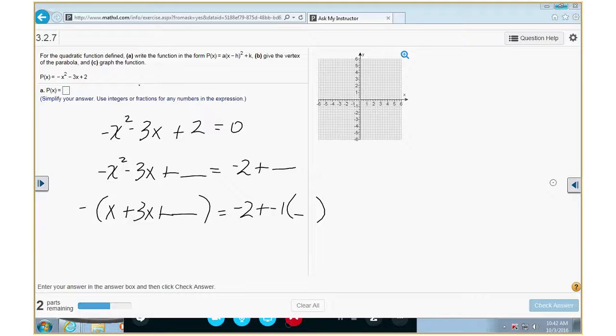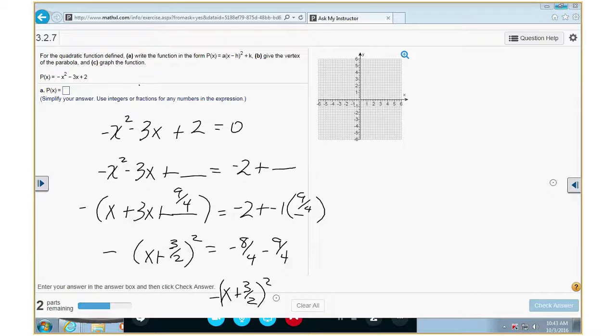Half of 3 is 3 halves. 3 halves squared is what? Negative x plus 3 halves, quantity squared, is equal to, what is this, 8/4? Negative 8/4 minus 9/4. Somebody check me. Negative x plus 3 halves, quantity squared, is equal to negative 17/4.